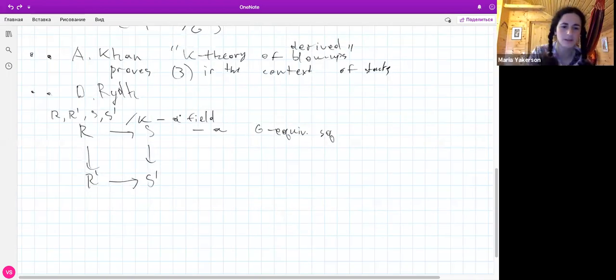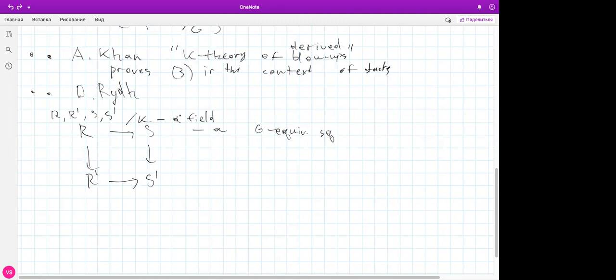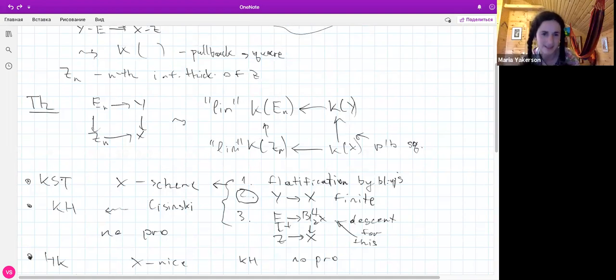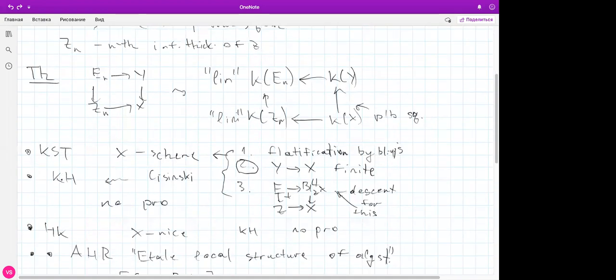Sorry, can I ask a bit more? So I understand you just said that pro-excision descent was known for KH, and it was known for K-theory of schemes, and for nice stacks like the quotients spec R mod G, right? Okay, so there are 3 statements. One statement is pro-excision descent for schemes. This is KST. There was cdh descent, no pro, for KH.